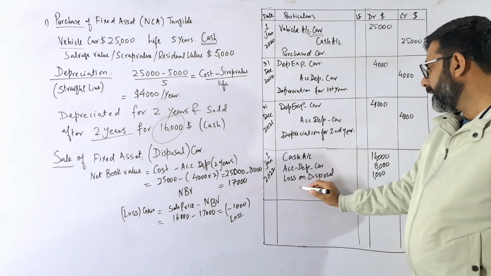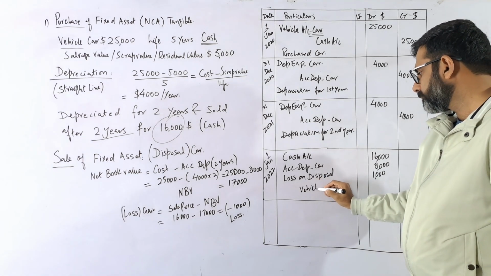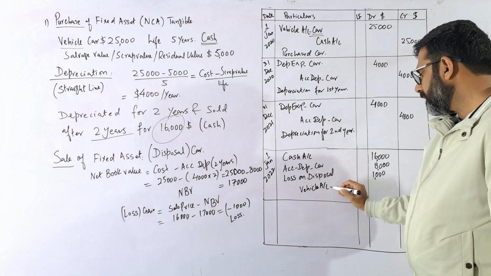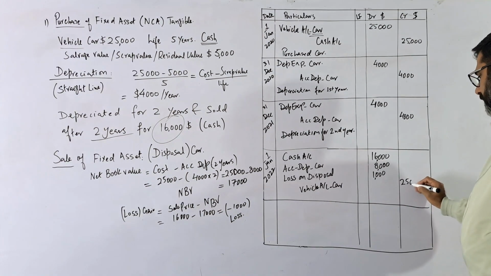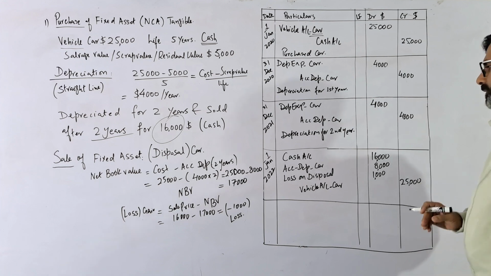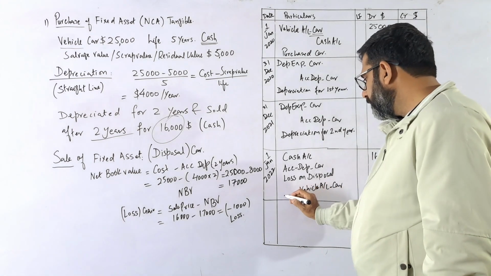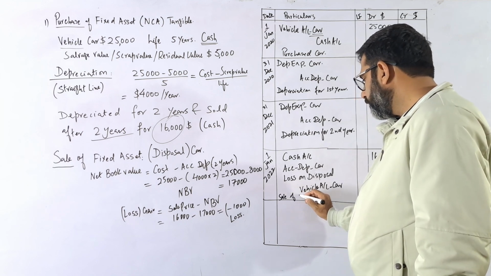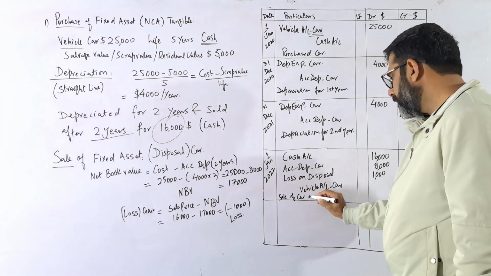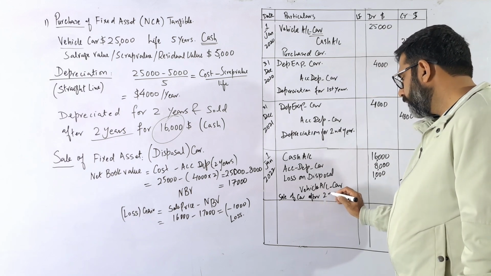So we write here the vehicle account. Which account? That is the car account, and that will be credited with 25,000. So this is the complete entry on the disposal, or what we say, the sale of the car after 2 years.